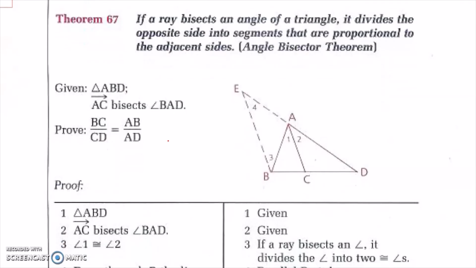The third and final theorem for today is called the angle bisector theorem. When a ray bisects an angle, we know from chapter 1 it divides the angle into 2 congruent angles, but this is a step further. It's saying that it divides the opposite side proportional to the adjacent side.